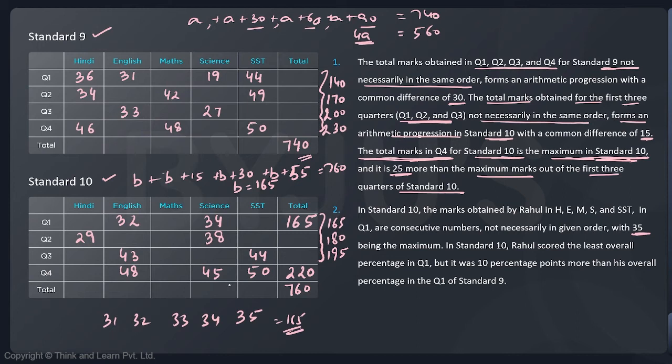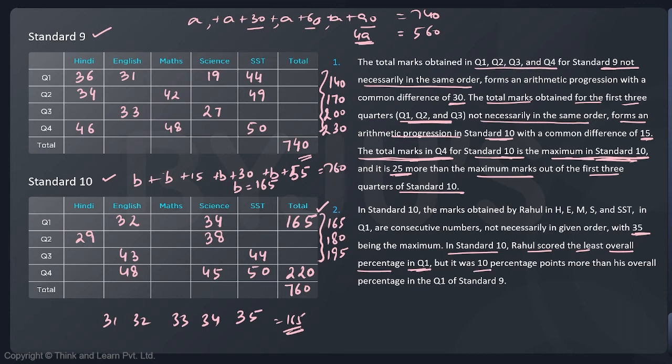We'll keep in mind that these numbers are consecutive. Next, in standard 10, Rahul scored the least overall percentage in quarter 1. In standard 10, Rahul scored the least percentage, that we already know now. But it was 10 percentage points more than his overall percentage in quarter 1 of standard 9. Let me check it once again. In standard 10, Rahul scored the least overall percentage in quarter 1, that is 165, that's correct.